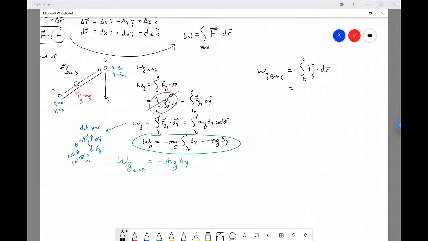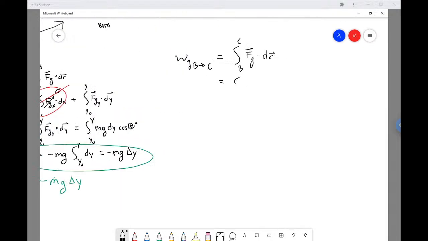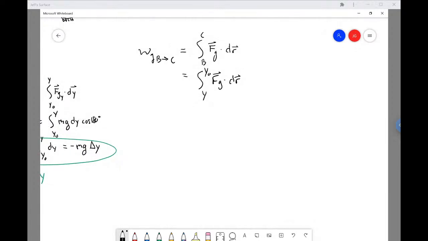This is going to be the integral from y to y naught of the force of gravity dotted into dr, the y, dy, sorry. So there's only a y component here, dy.